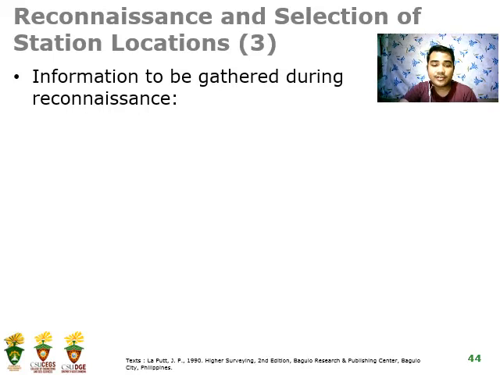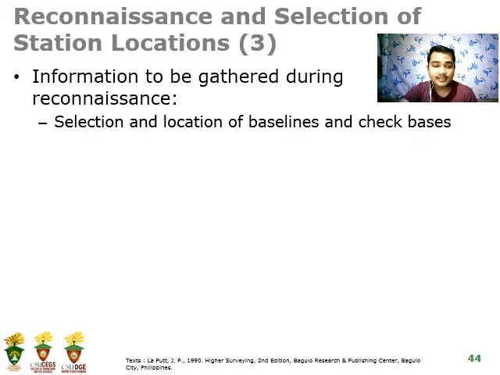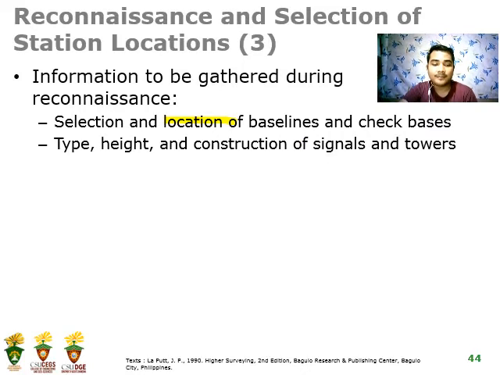Next is the information to be gathered during reconnaissance: the selection and location of baselines and check bases, and the type, height, and construction of signal towers. In the early days there was no GPS, so signal towers were used so that one station is visible from another station.